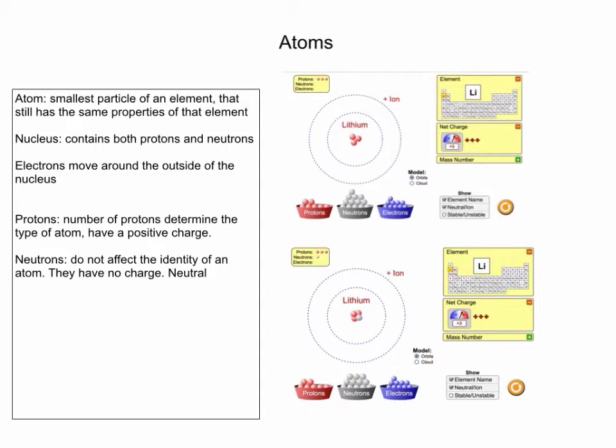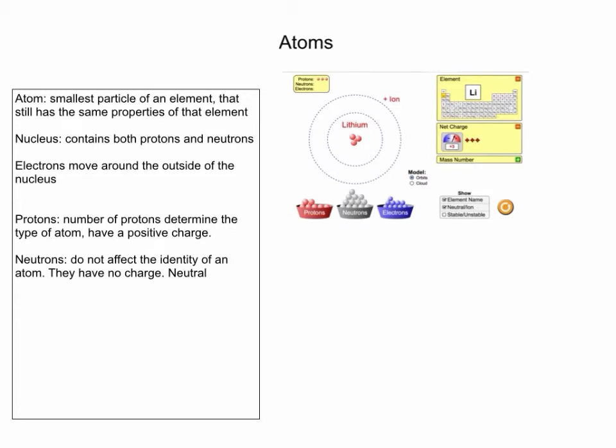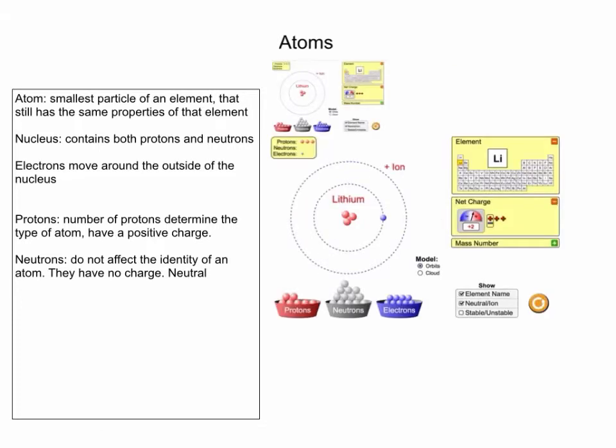The third part of the atom that we have to talk about is the electron. So let's go back to our original lithium nucleus with 3 protons in the middle and no electrons around it. Remember that the electrons, when we add electrons to this atom, they're going to go on the outside of the nucleus. There are no electrons in the nucleus itself.